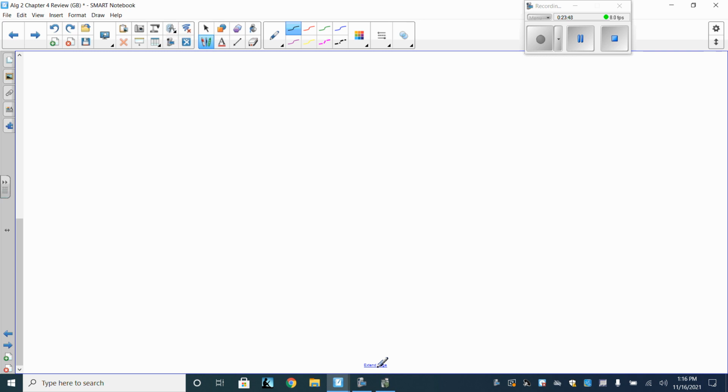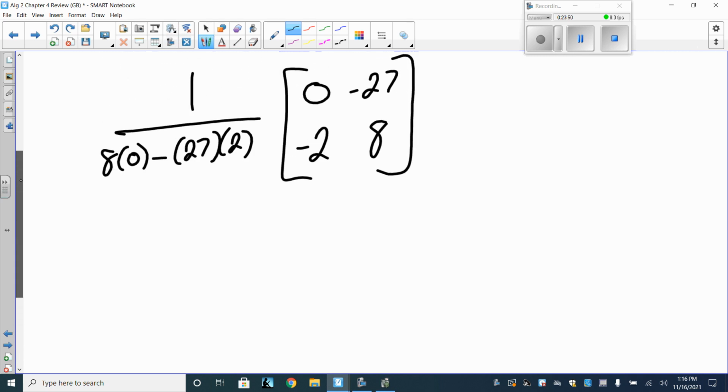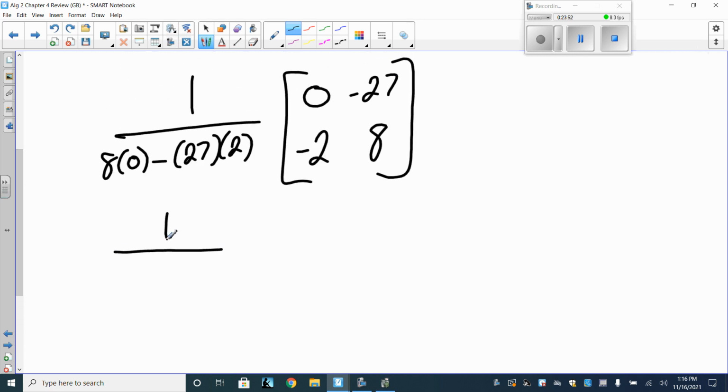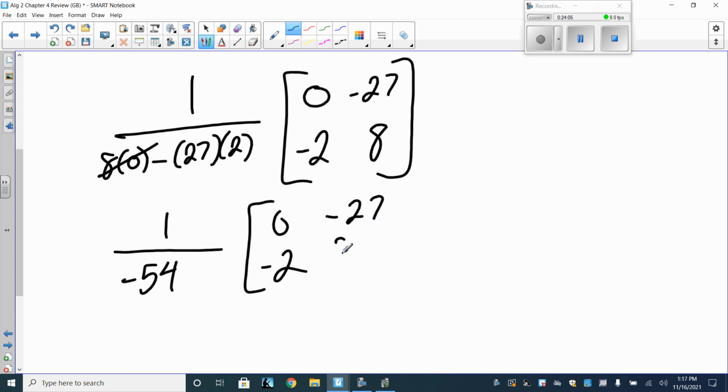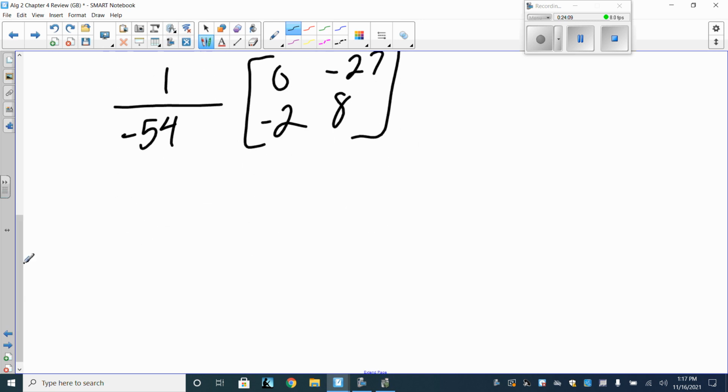Now at this point here, 8 times 0 is 0. Negative 27 times 2 is negative 54. Now we just need to multiply the two together.